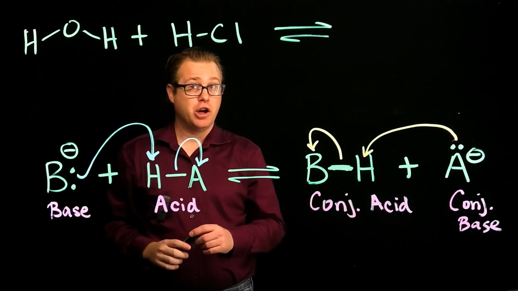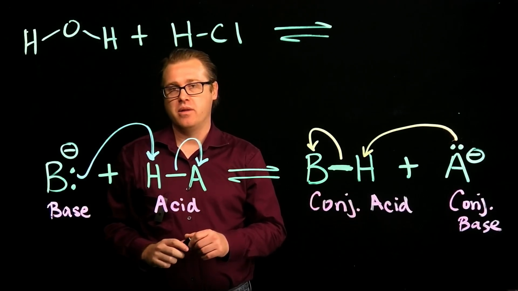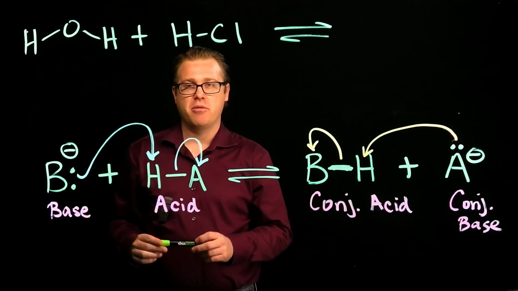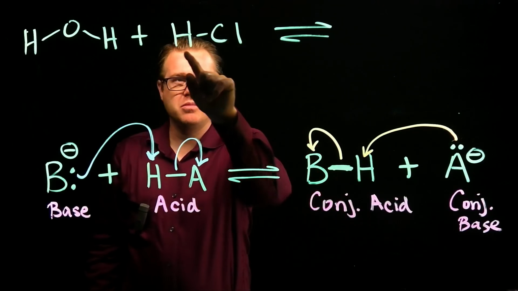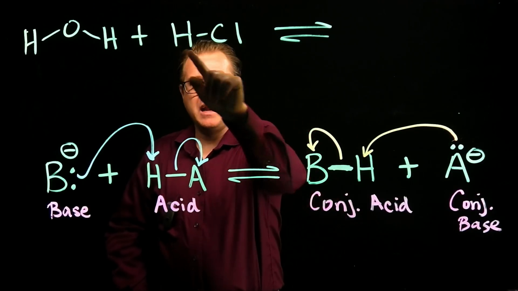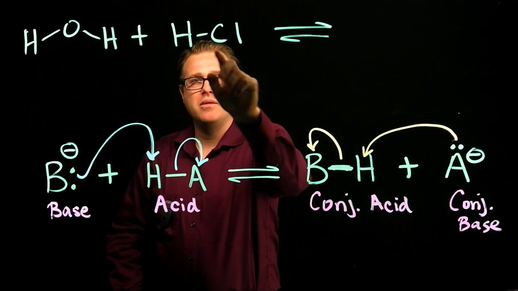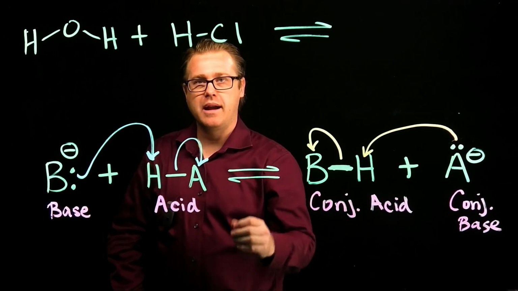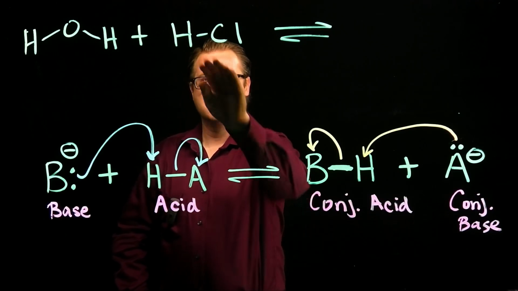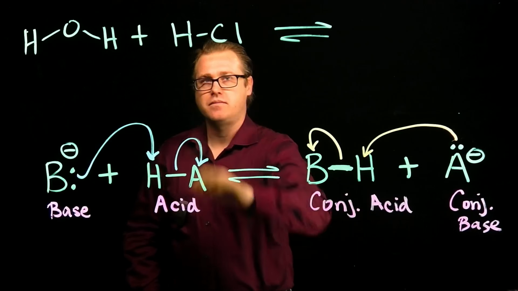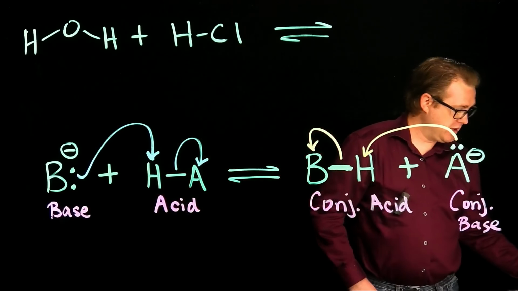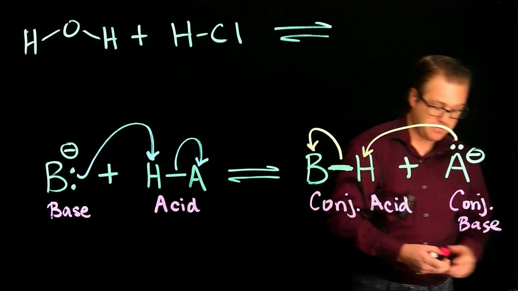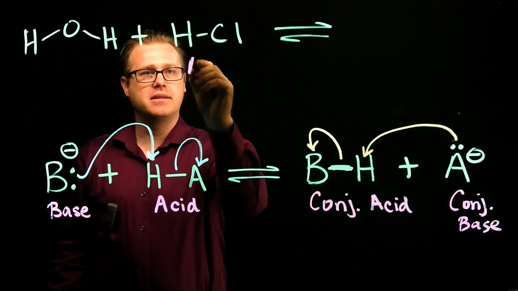Oftentimes, you can determine which one is the acid or the base just by looking at their name. Remember in general chemistry, if you looked at this molecule right here, I've been calling it HCl, but what is its name? Hydrochloric acid. So that's the acid. And so I'm going to mentally or actually write it out and be like, hey, hydrochloric acid, that's my acid.